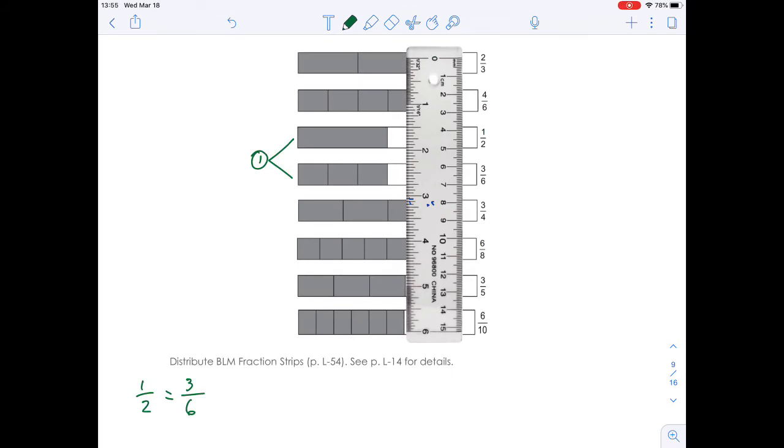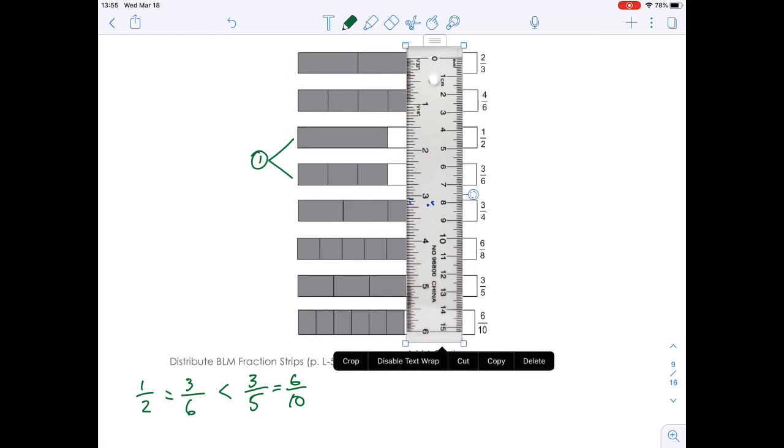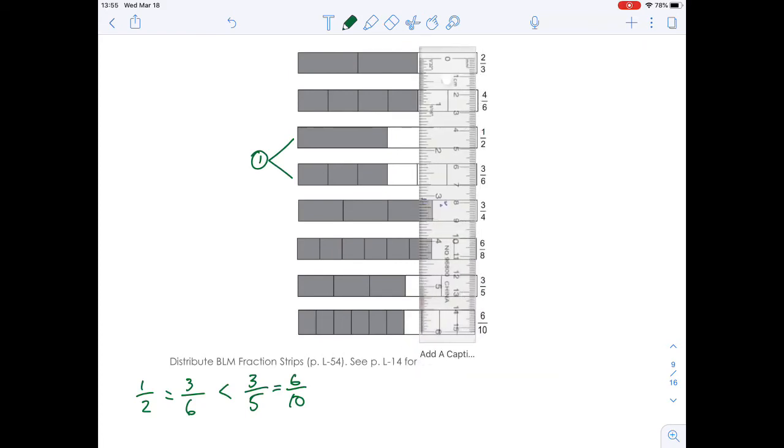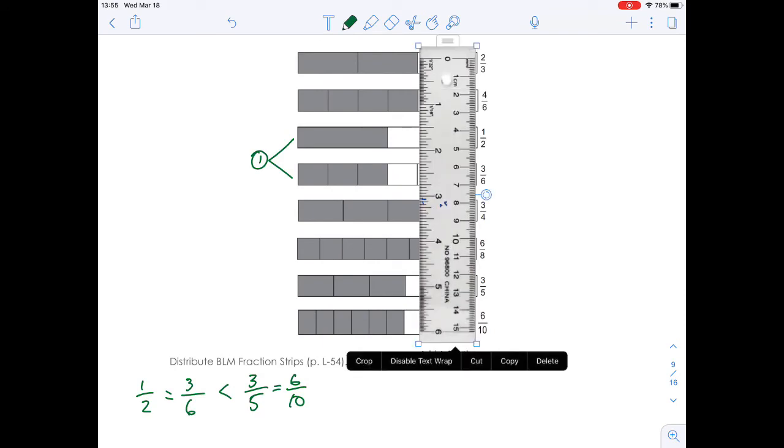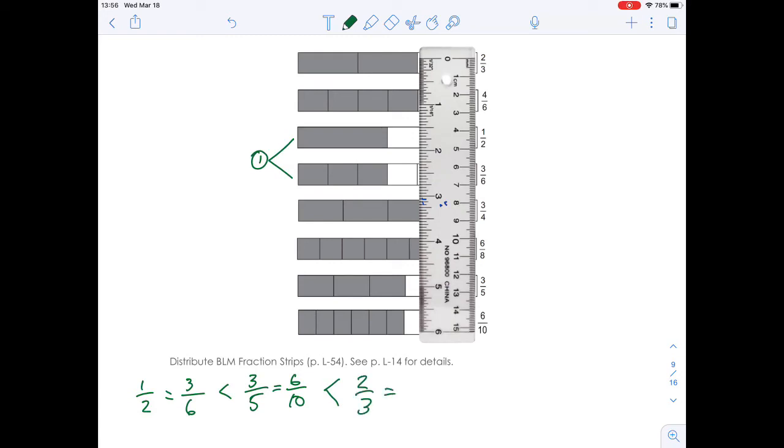So then we see that 3/5 is equal to 6/10. And those two are greater than the 1/2 and 3/6. If I keep sliding my ruler down, next biggest ones will be 2/3 and 4/6.